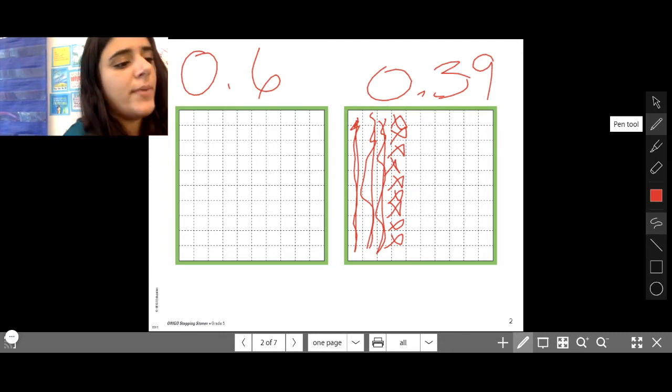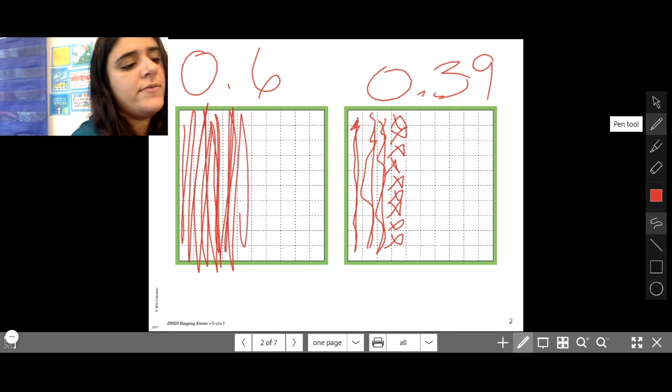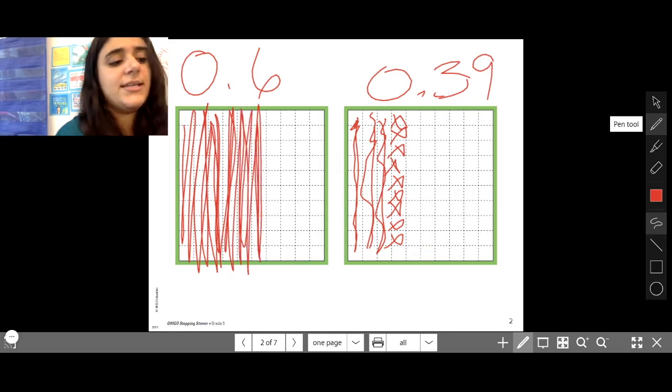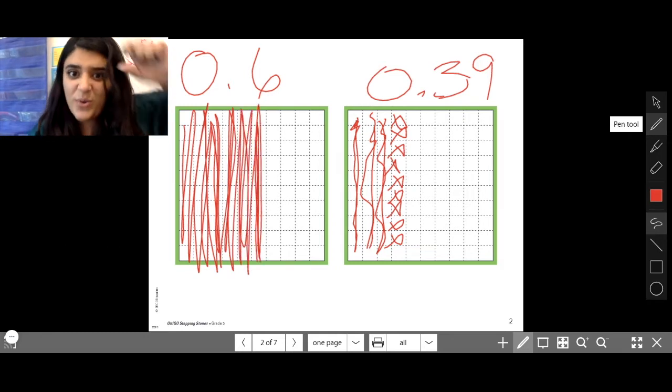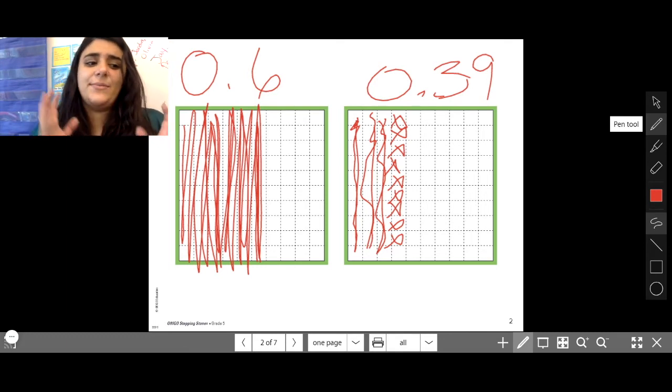Our model here. Let's see if our model here can help us out. 2, 3, 4, 5, 6. 6 tenths. Remember, each row is a tenth, right? All right. So, who of these 2 friends has more colored in on their model? Go ahead and discuss and pause the video.